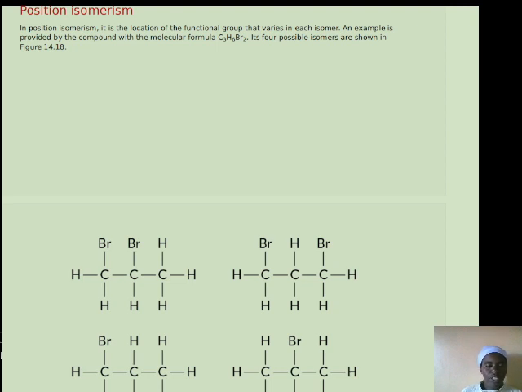For example, these ones displayed here, we have 1,2 dibromopropane, and we also have 1,3 dibromopropane. These 2 molecules are isomers because they have bromine atoms arranged in different positions: one at position 1 and position 2, and the other at position 1 and position 3.